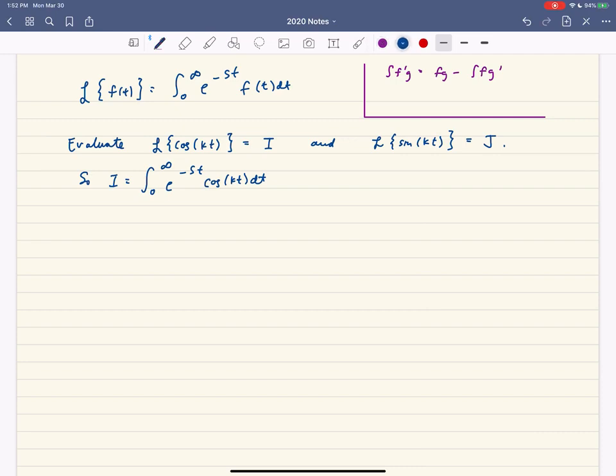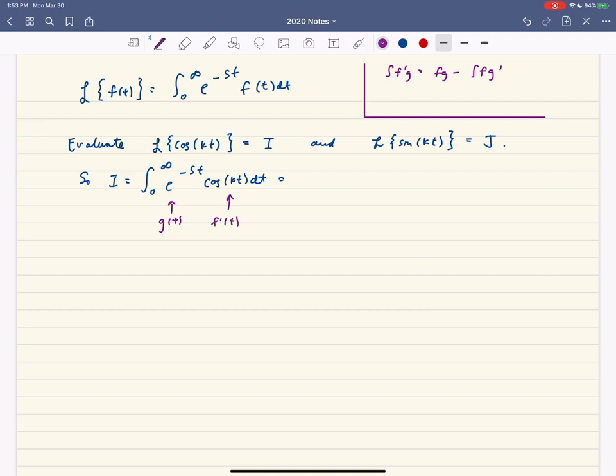So what we're going to do is apply integration by parts here. It's actually not going to matter which one you pick to be f prime and which one you pick to be g, but let's call the e to the minus st our g. And then that would make cosine of kt our f prime.